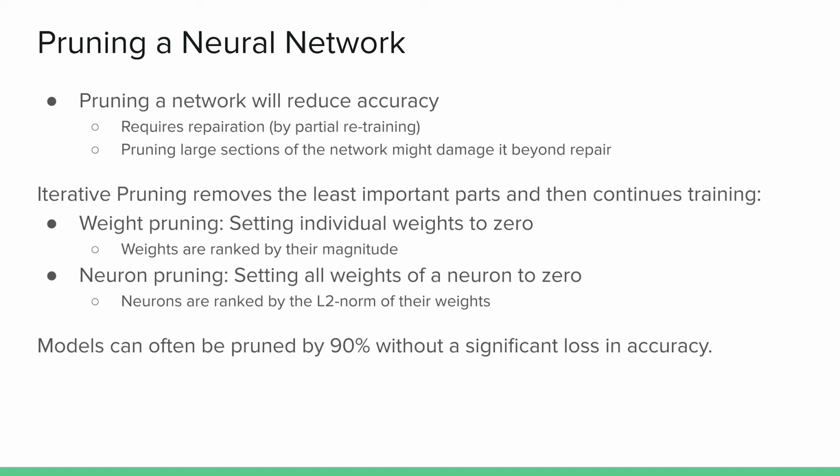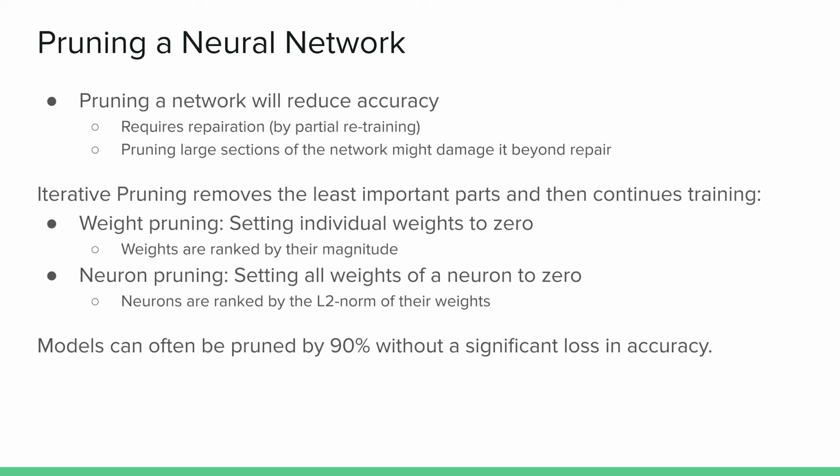You do this by ranking your weights by their magnitude. If a weight is close to 0, then when it is multiplied by whatever input it receives, it will not change the value much. So when you rank all your weights by their magnitude, you can just remove the connections that have the lowest weights.